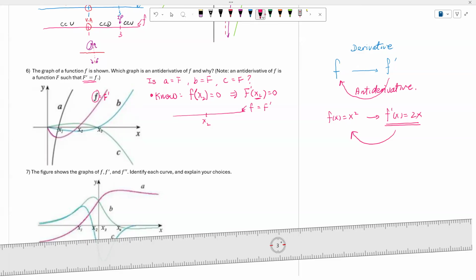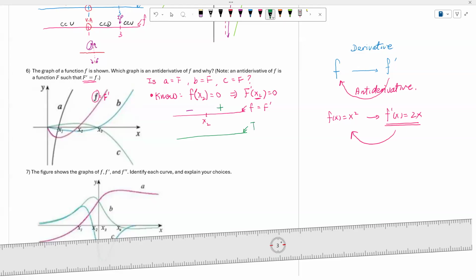If this is the critical number here, then you will see that for this f function, the portion between 0 and x sub 2 is below the x-axis, meaning this is negative. On the other hand, from x sub 2 to infinity, it is positive, or above the x-axis.